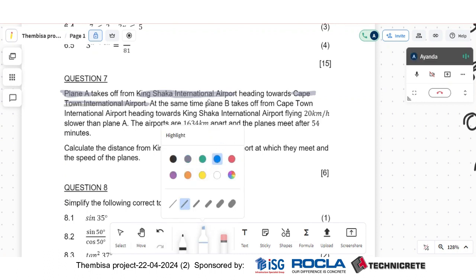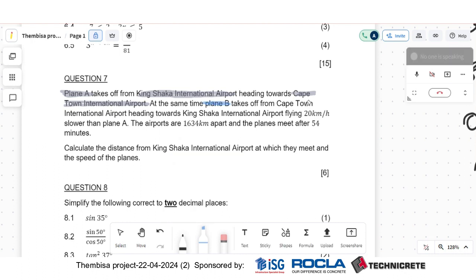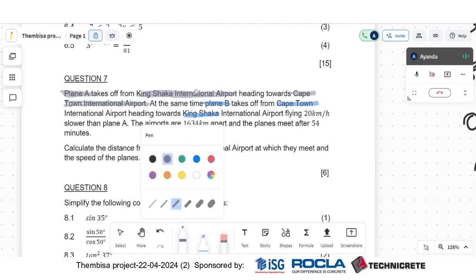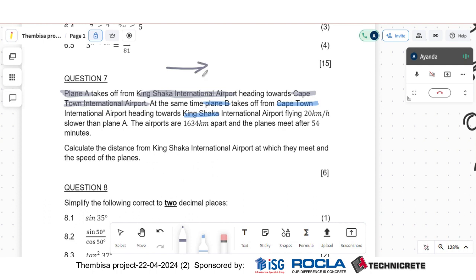Then we have plane B, which takes off from Cape Town and is heading to King Shaka. So these planes are going in opposite directions. Right? So this one's going east to west, this one's going west to east.